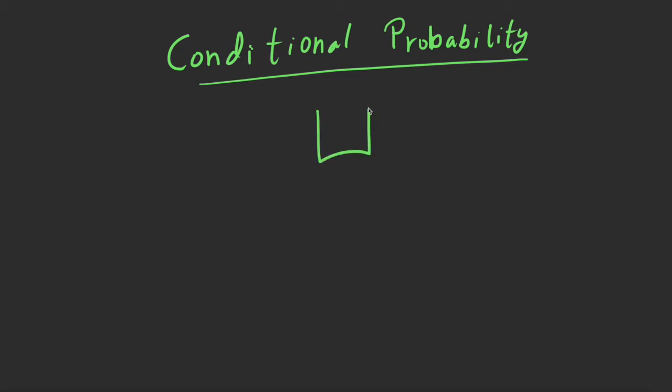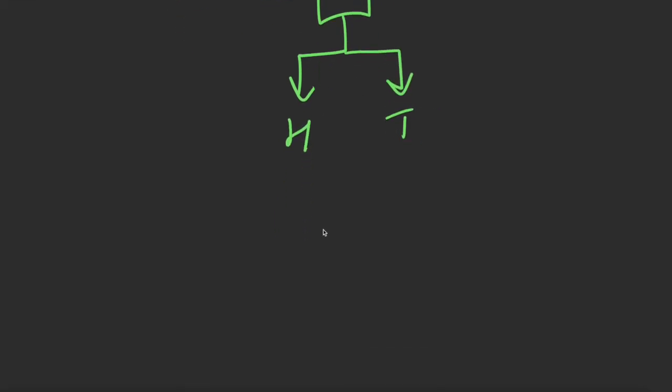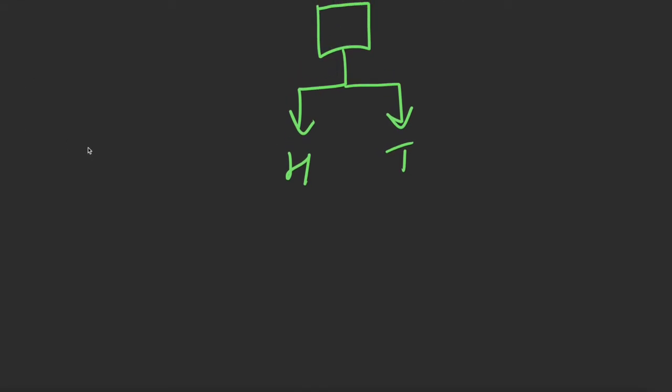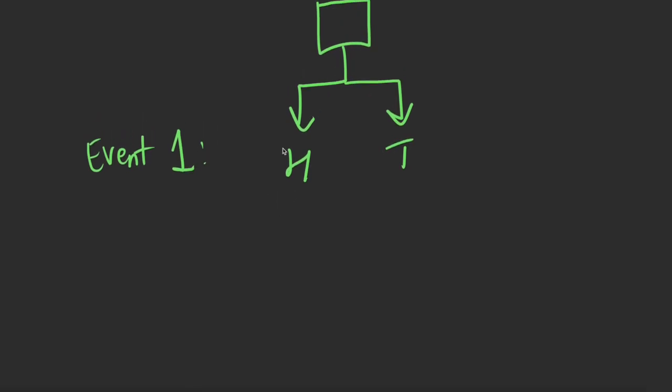So suppose you're playing a game and you first toss a coin, so the outcome is either heads or tails. This is event A, event 1. And now suppose the rule of the game says if you get heads, you will roll a dice and you will note the outcome.